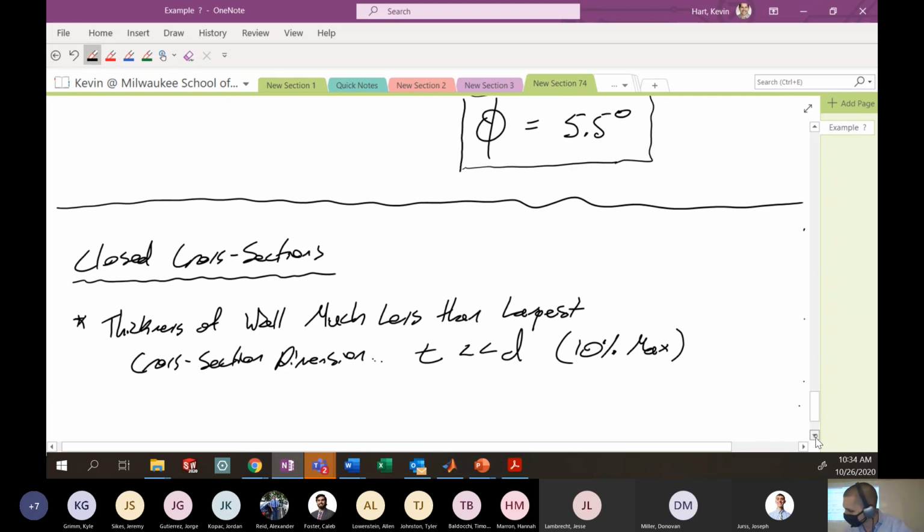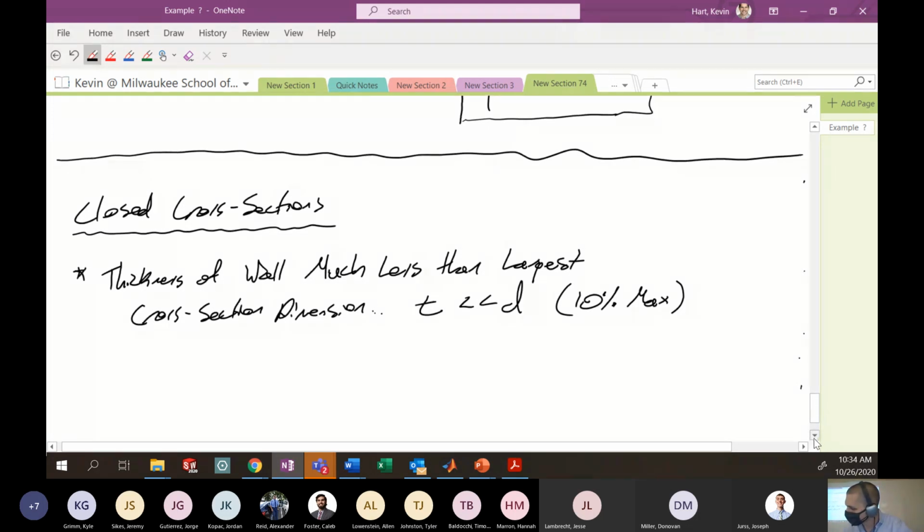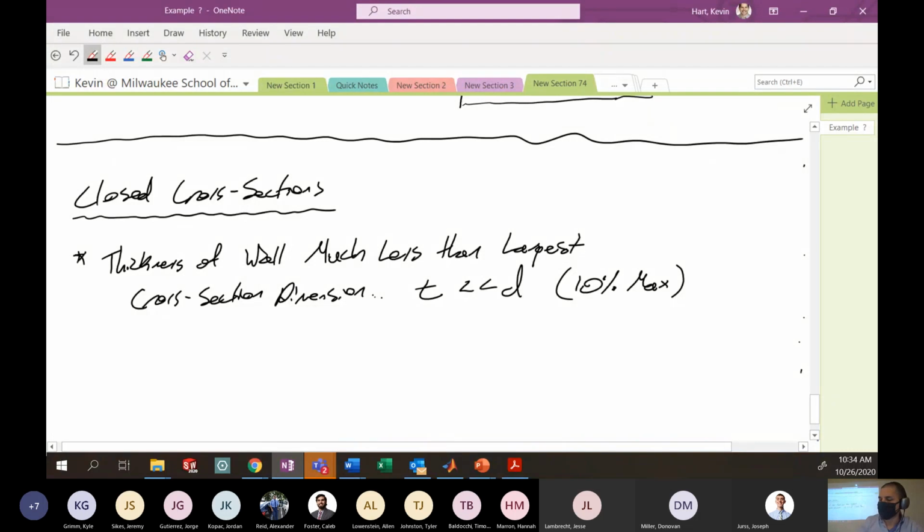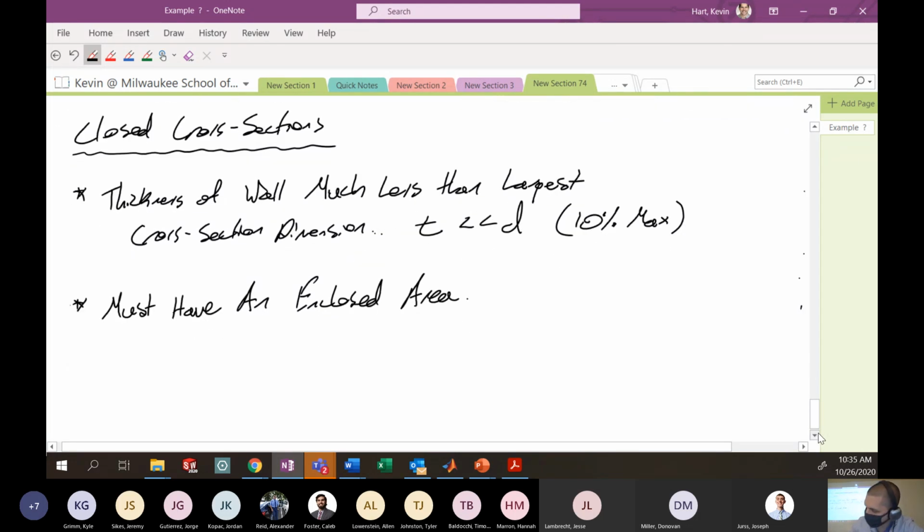All right. Closed wall sections must enclose some area that is not, you know, filled with air or something. Right? So must have an enclosed area. All right.